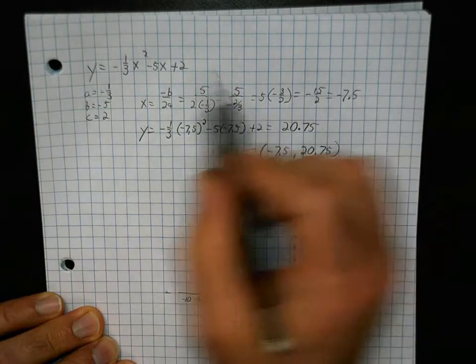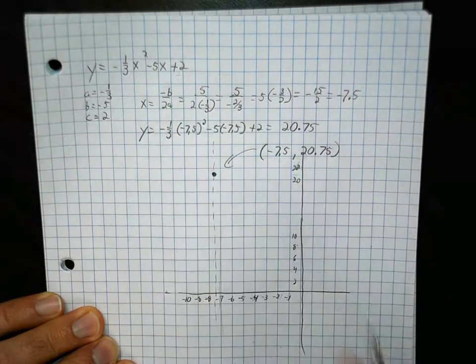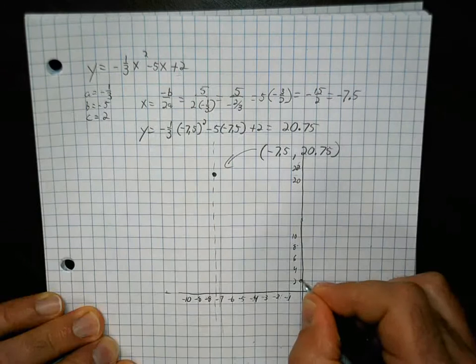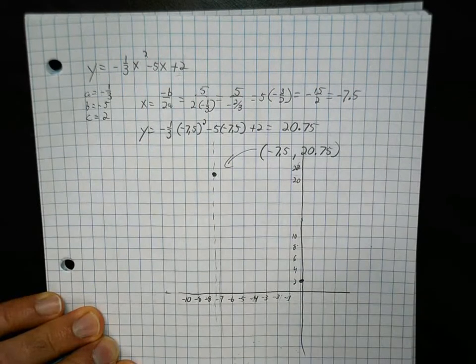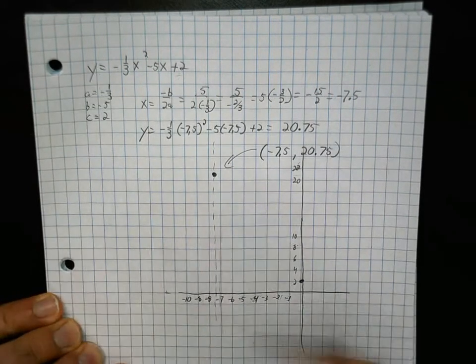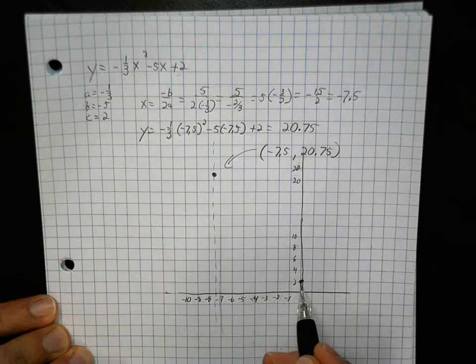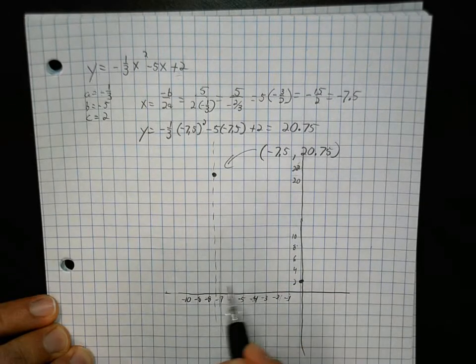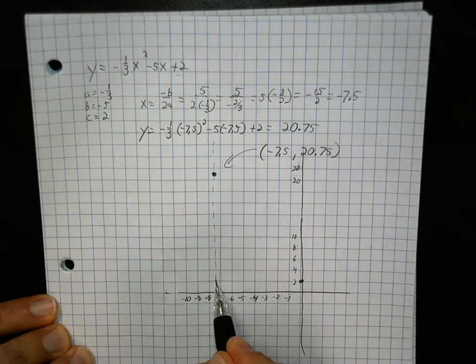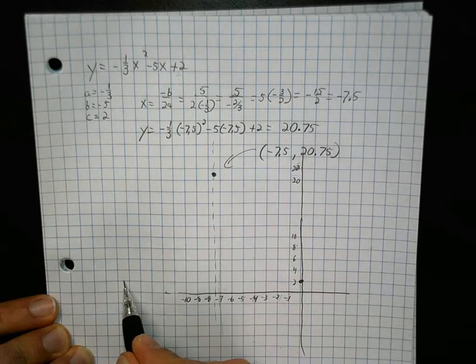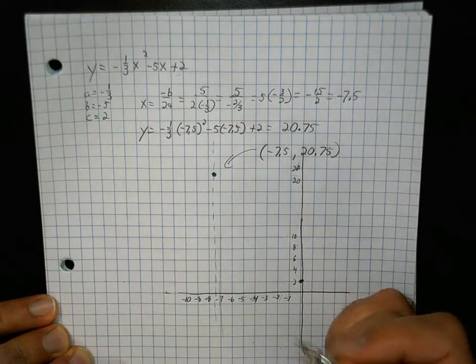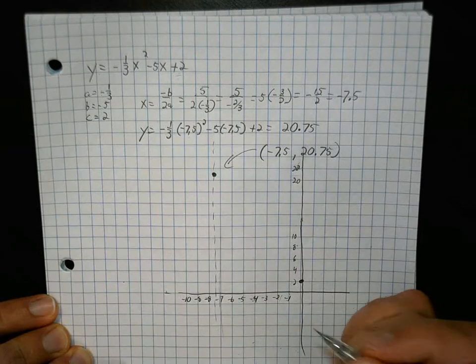Now, next step is to plot my y-intercept, 0, 2, which is right there. Reflect it over to the other side. Now this is where you got to be a little bit careful. I'm going 7.5 to here, so I got to go 7.5 more, which puts me at negative 15.